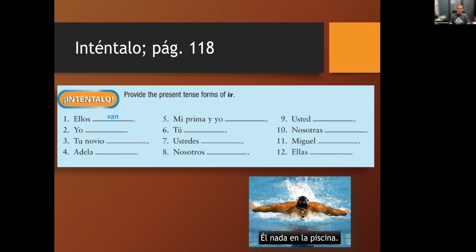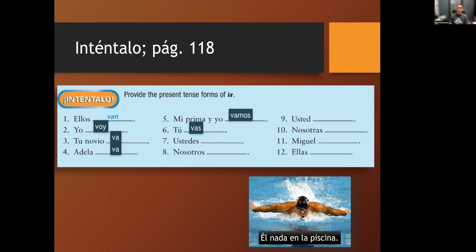Okay. Número 1. Ya está ahí puesto. Ellos van. Número 2. Clase, repitan. Yo voy. Número 3. Tu novio va. Adela, that's a she, right? That's the third person singular. Va. Adela va. Número 5. Mi prima y yo, that's a nosotros, vamos. Número 6. Tú vas.